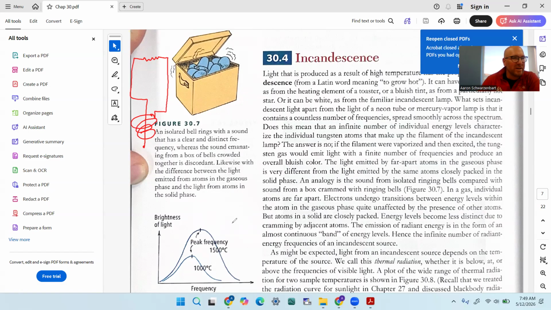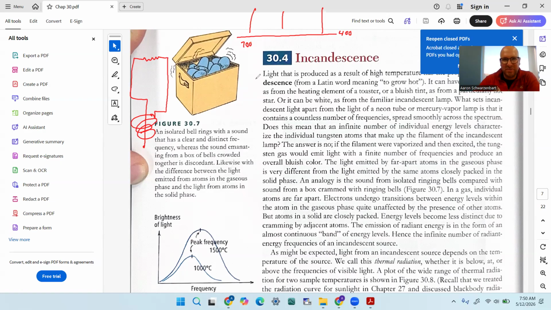Incandescent will glow in more of a full band of frequencies. This is kind of the visible range of wavelengths of light. It's not those narrow bands of the spectrum that we got with glowing gases. The reason for that is when solids get hot and glow, the energy levels in solids are not quite as clearly defined because they're squished together.